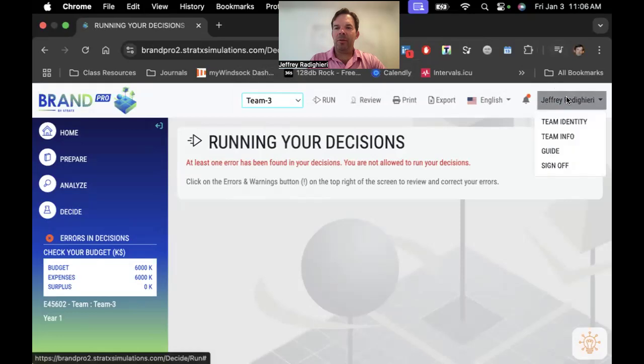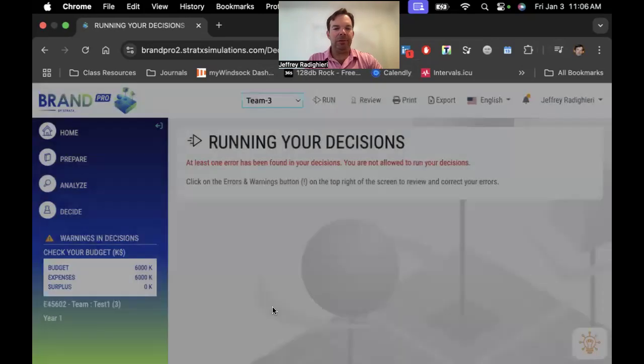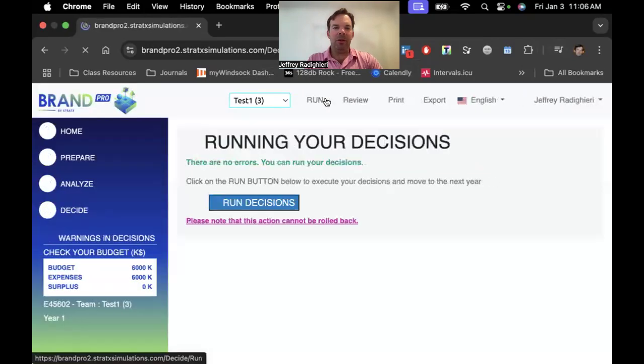Okay, so it says the left bar, but if you click right here and then click team identity, you can change the name to test one, or whatever. Okay, now we'll hit run.